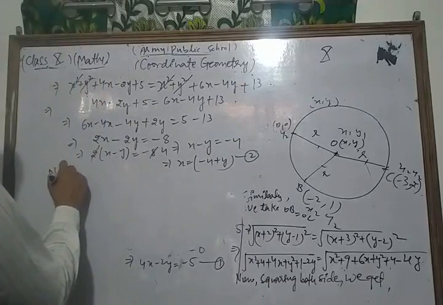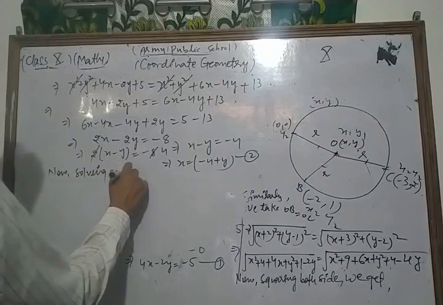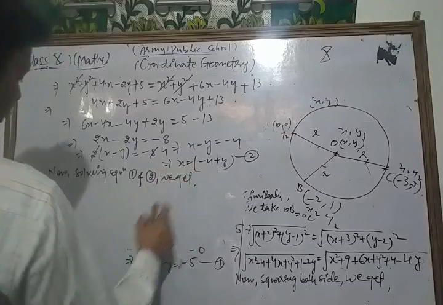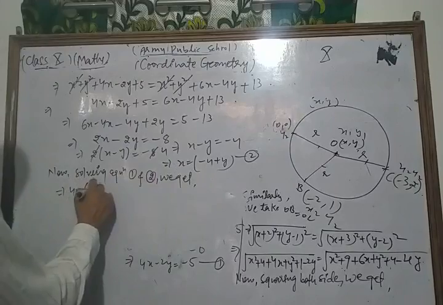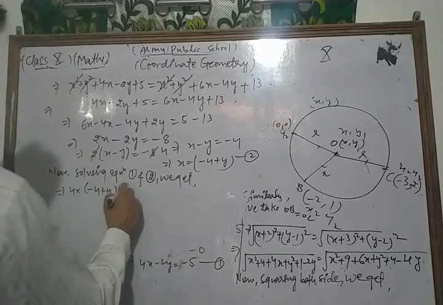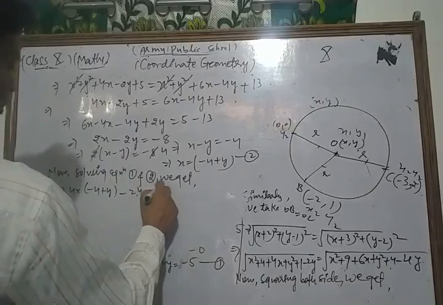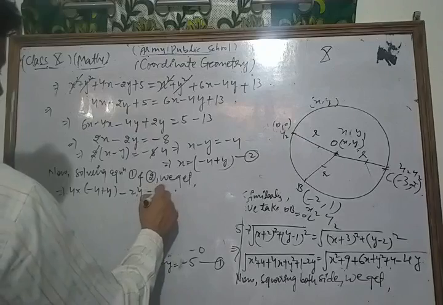Solving equation 1 and 2, we get 4 into the value of x, put as minus 4 plus y, minus 2y is equal to minus 5.